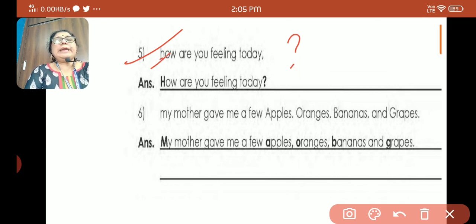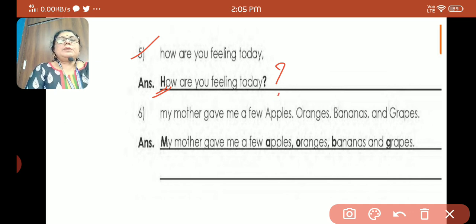How, over here H. How does a question or a sentence begin? It begins always with a capital letter. So H capital. How are you feeling today? And we end it with the question mark. Got it, children?